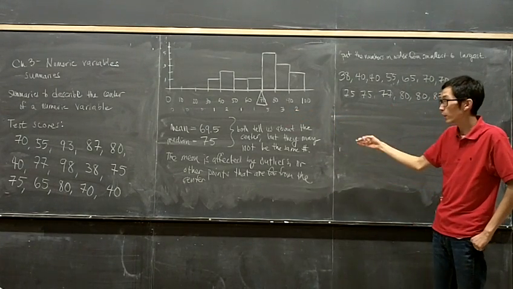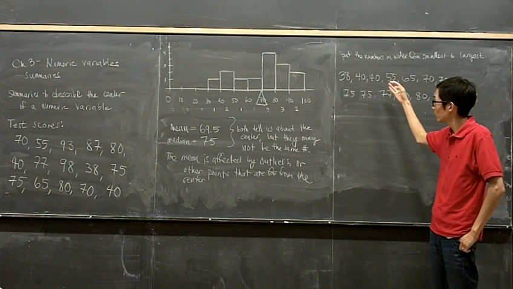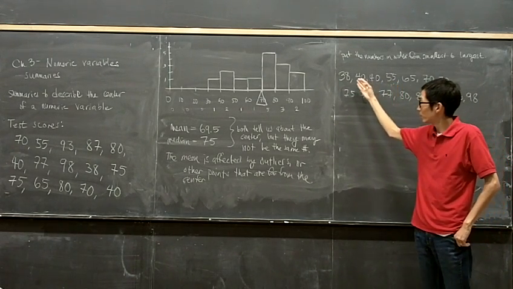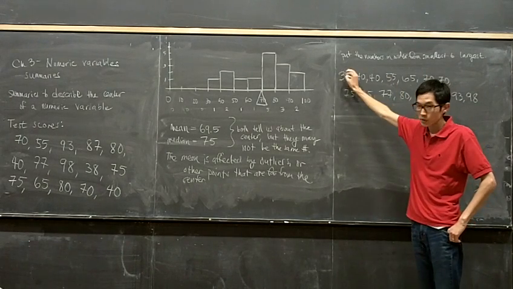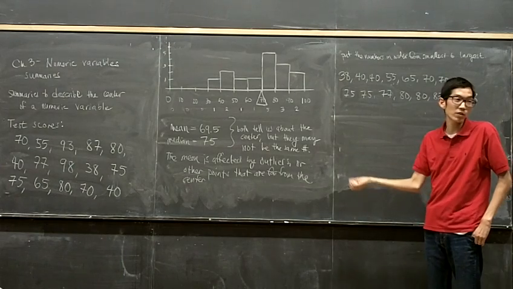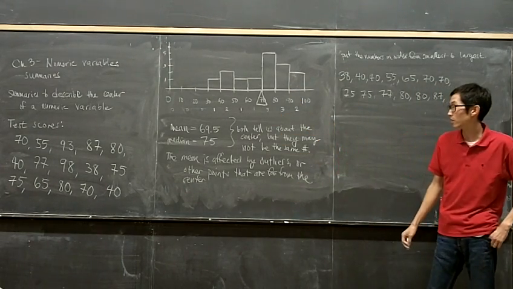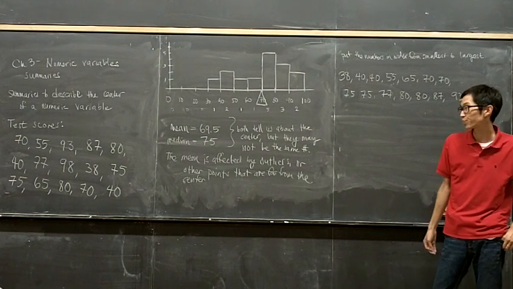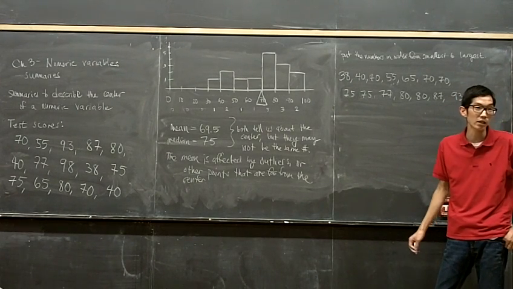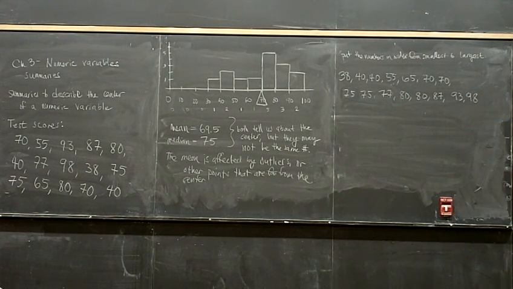Because the mean is found by adding up all the numbers and dividing by 15. So if I added up all these numbers and this one was a 0, that total would be smaller. And then dividing by 15, that number will be less than 69.5. It'll be something around 67. So the mean is affected by outliers.